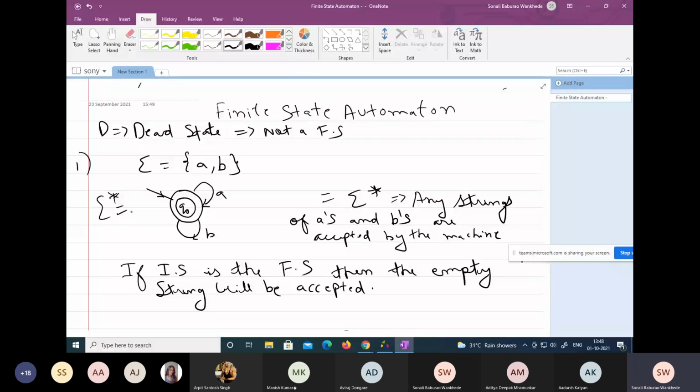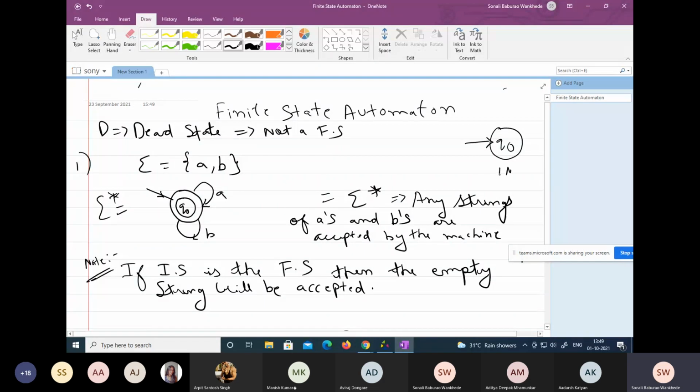And one more note you have to always remember is how the initial state is represented. Whenever you have a circle or a state, and one arrow is always pointing towards the state, that is called an initial state.